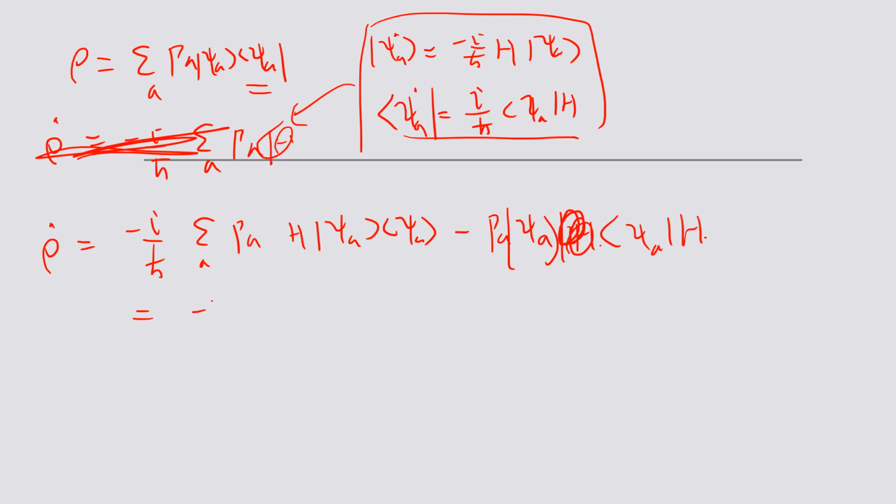And if you check carefully, this is just H commutated with rho, right? Because rho is this. So you see H just plugs into the p_A sum, so it's positive, so H rho.